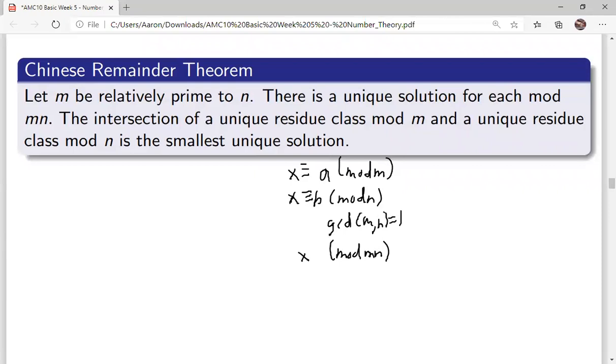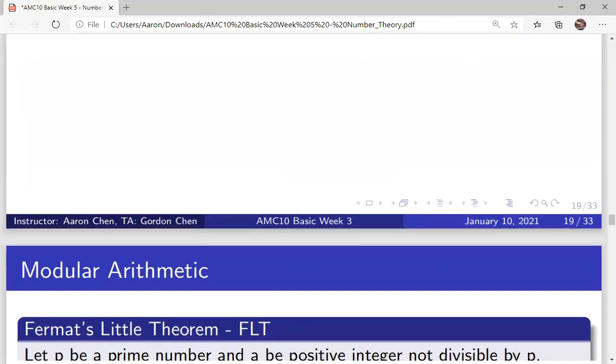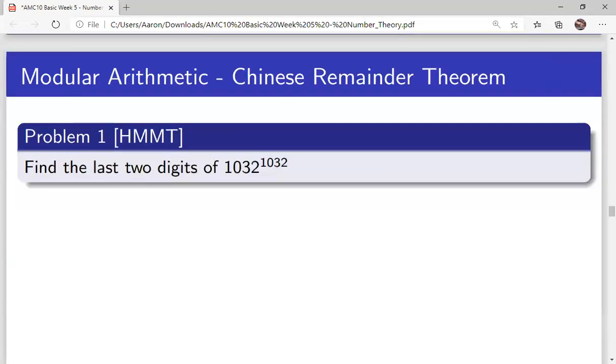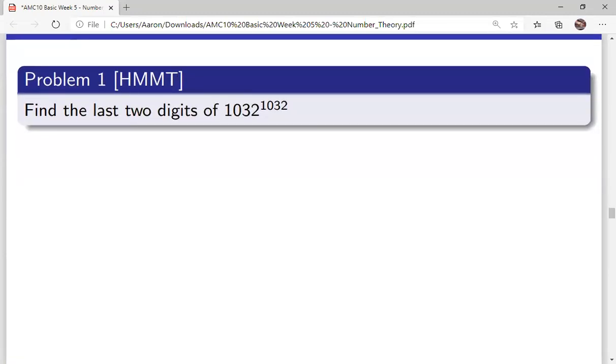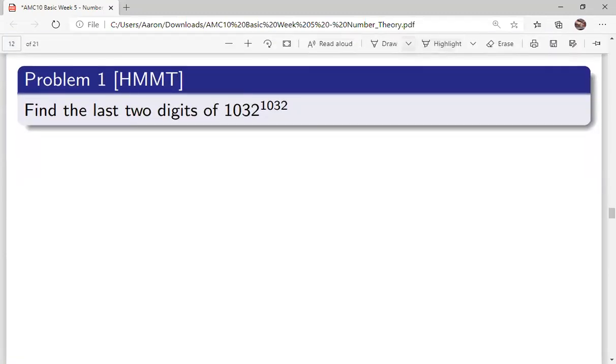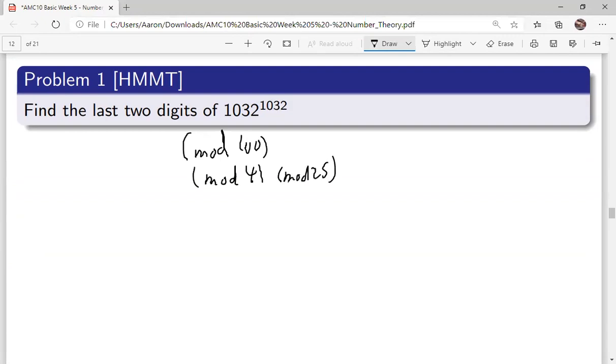So just a little hint for this problem would be that you're effectively trying to find this thing mod 100, and you can find them by combining mod 4 and mod 25 and using CRT.